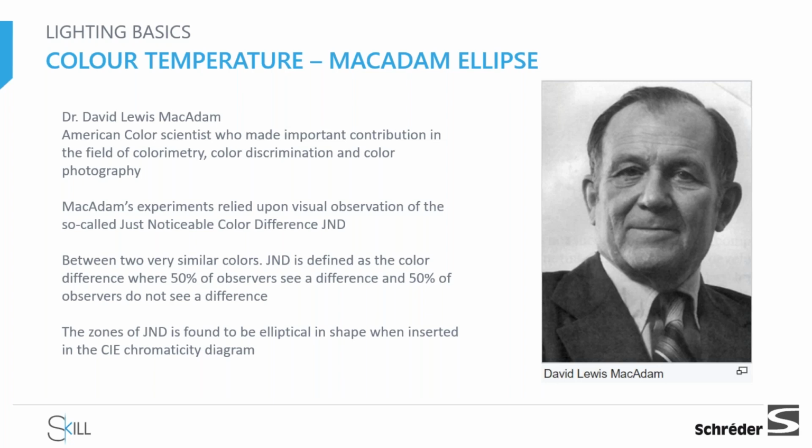He found where the edge is, where 50% of people are able to distinguish colors and where 50% are not able. And he plotted those on the chromaticity diagram, and he found that always the shape of the graph that was plotted is similar to an ellipse.